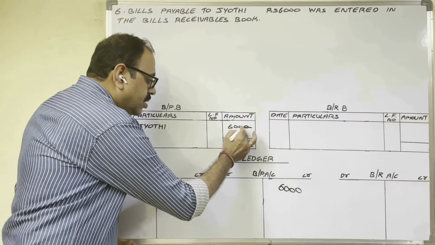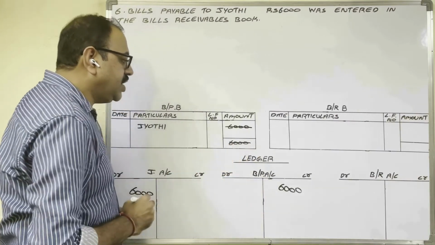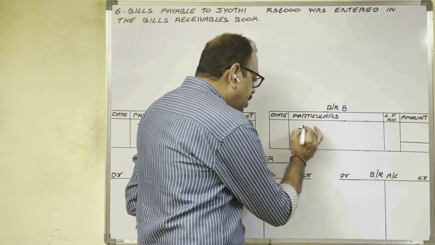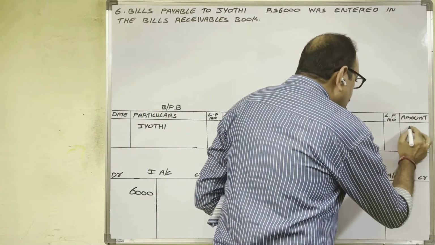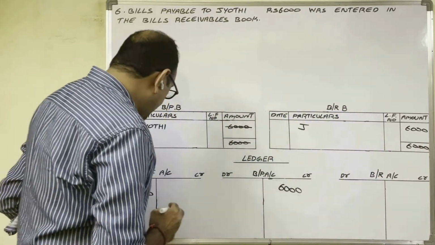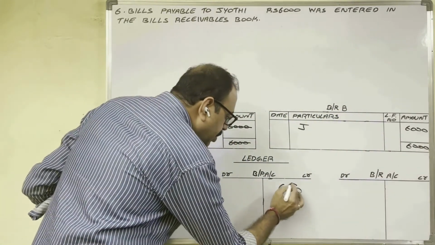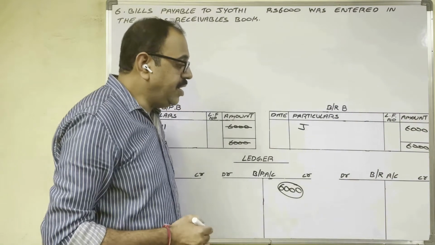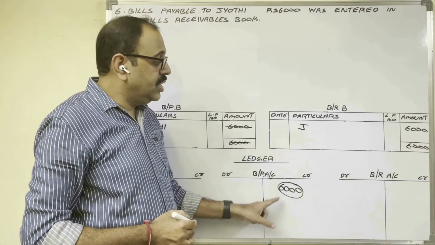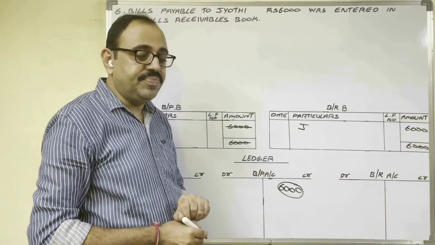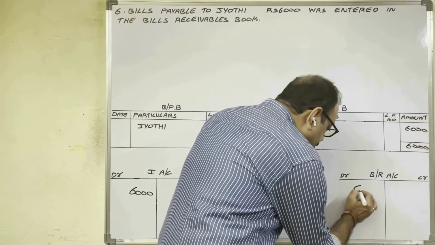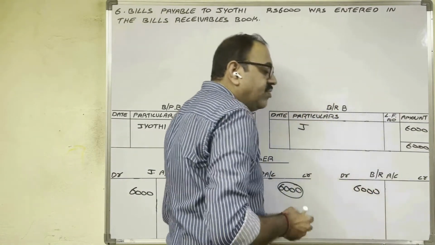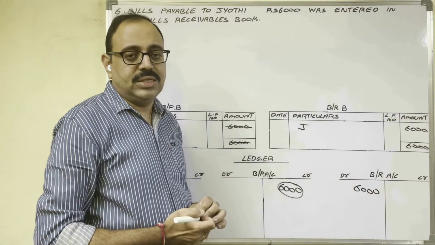Wrongly, this transaction was recorded in bills receivables book. Therefore, nothing was credited in bills payables account, and in bills receivables account, this total was debited. Why? Because bills receivable is an asset.